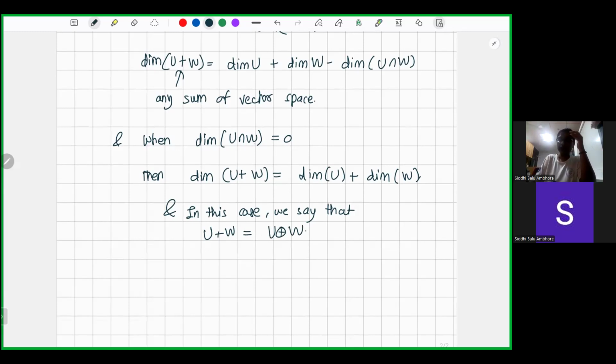When we say that dimension of U intersection W is 0, we mean that U intersection W is just the 0 element.